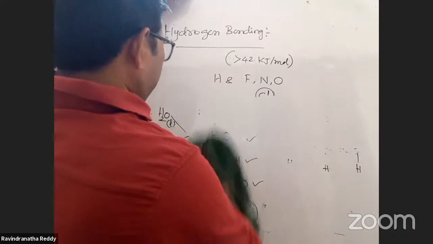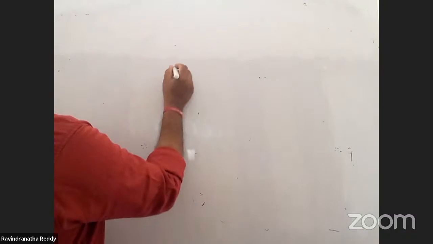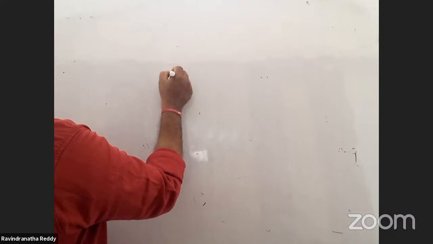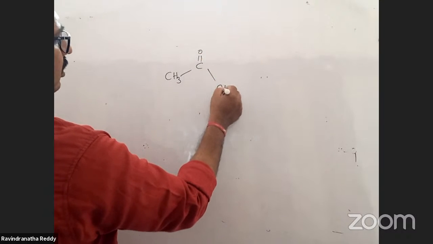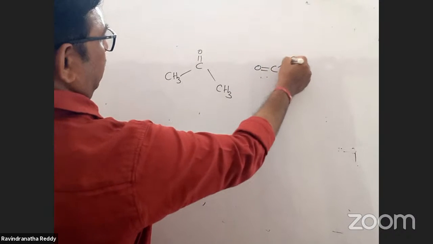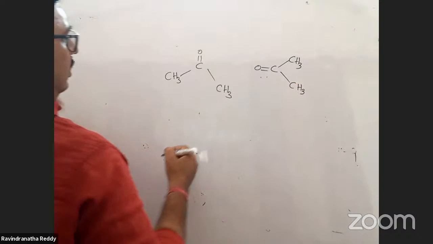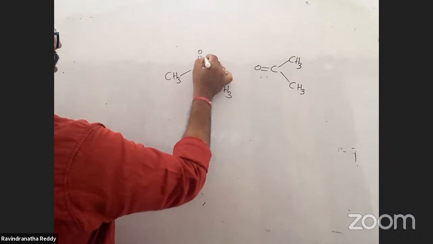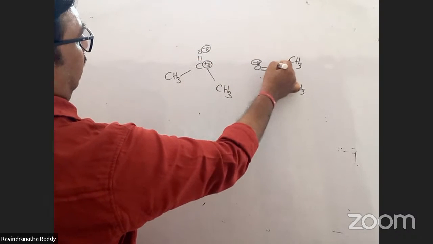Regarding the acetone molecule, acetone is CH3COCH3. This is an acetone molecule. Take another acetone molecule, CH3COCH3. In this one, carbon is positive and oxygen is negative.